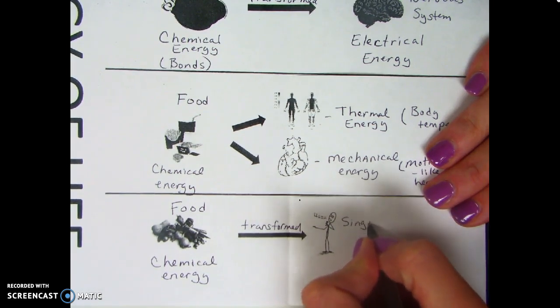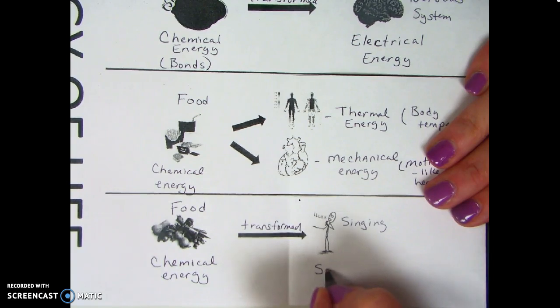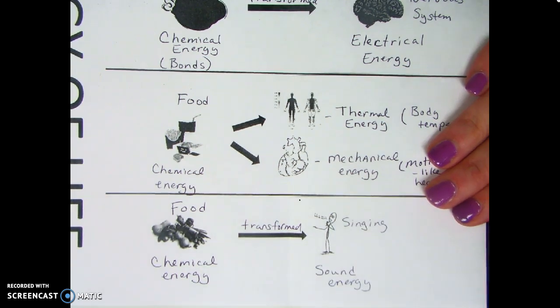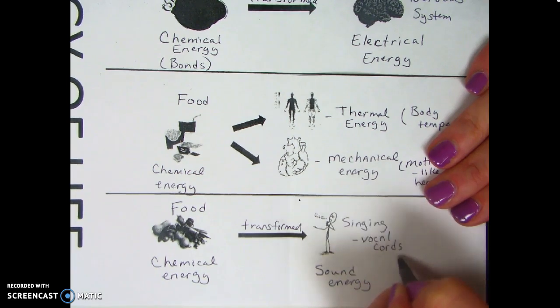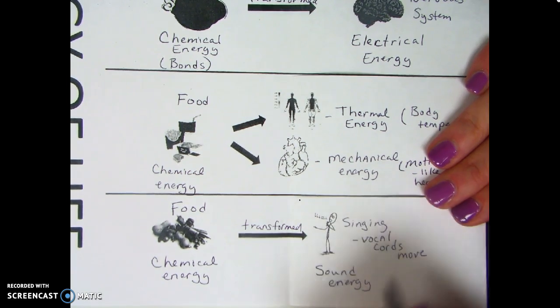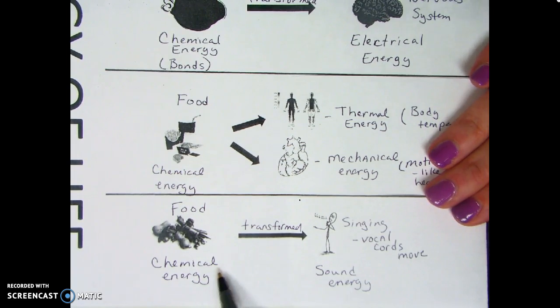Oh, that's sound energy. So where do we get the energy to make sound? It was in food. So we get it when our vocal cords move. So when you use chemical energy and transform it to motion and your vocal cords move, you can produce sounds.